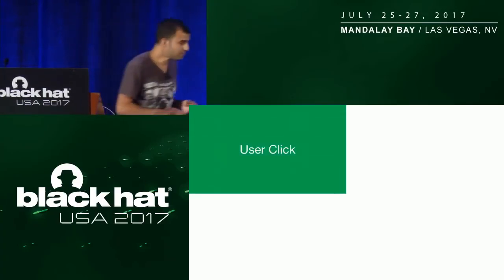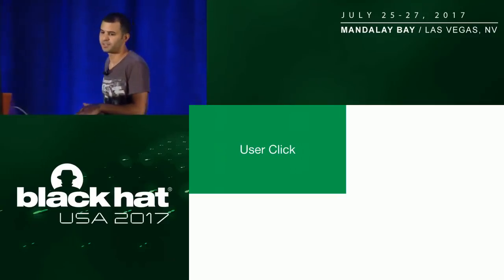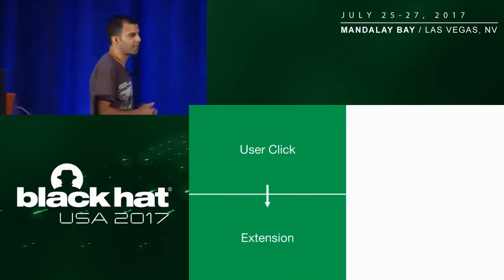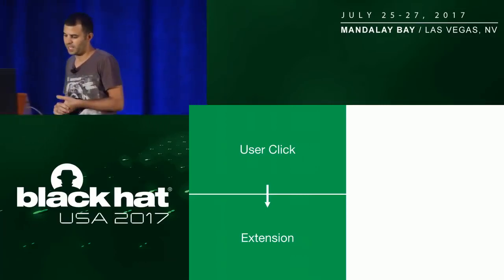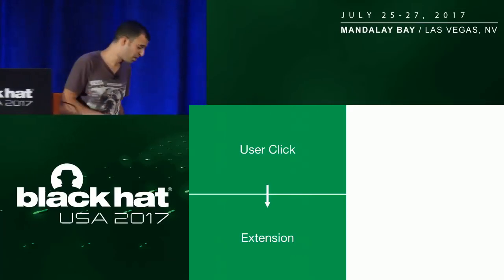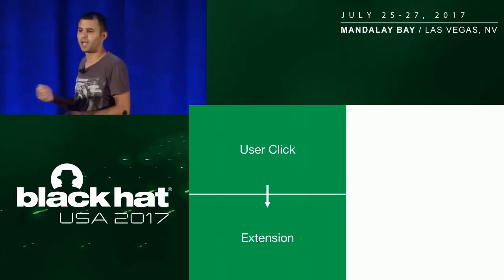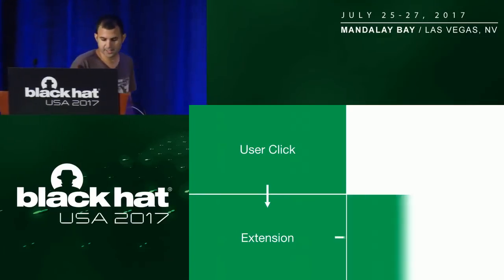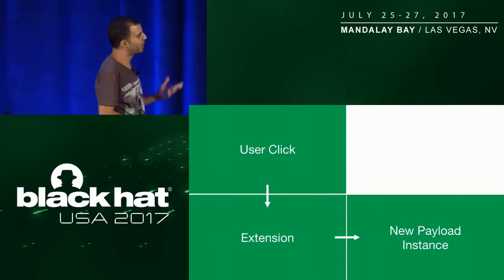It always starts with a user clicking. In the first attack, it was the user clicking on a Facebook message. In the second attack, it was a notification. Then somehow, a malicious Chrome extension is installed on his browser. In the first attack, the user had to install it from the web store. In the second attack, an executable, the JSE file, installed this extension. Next, the extension runs and creates a new malicious payload instance.